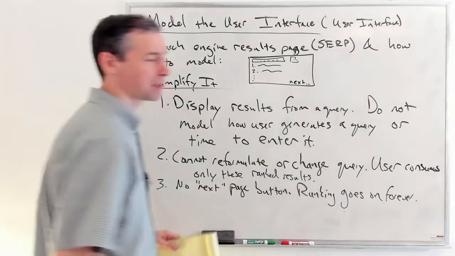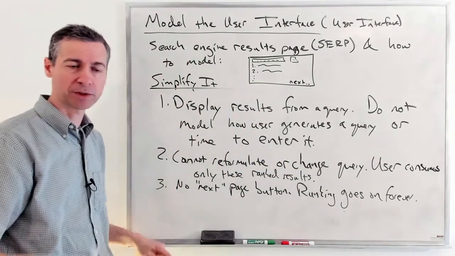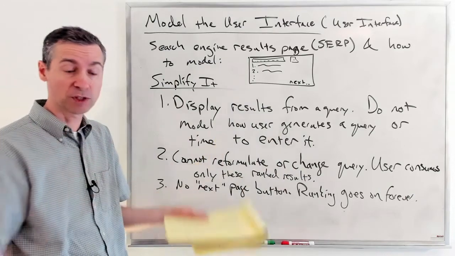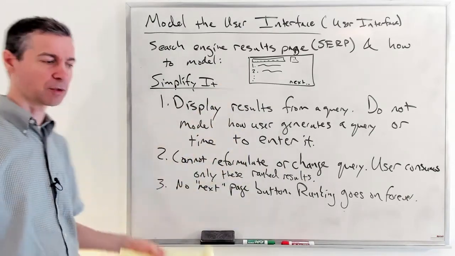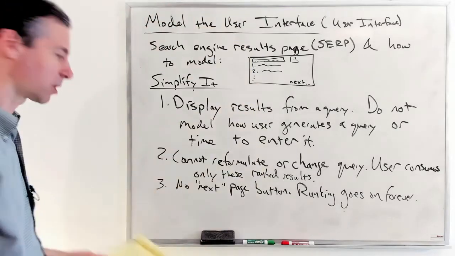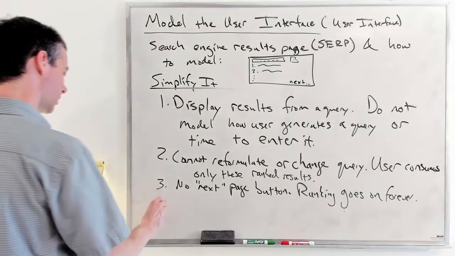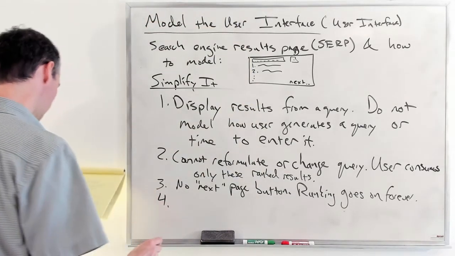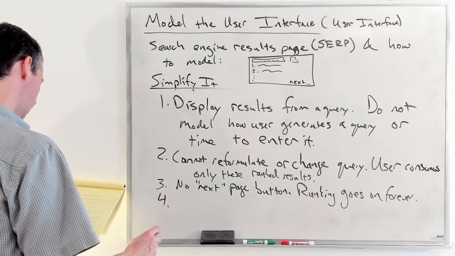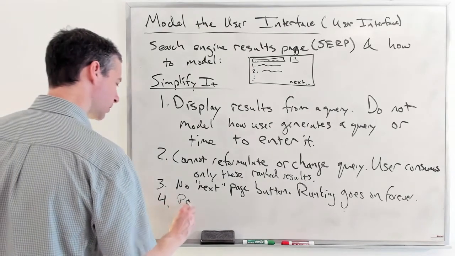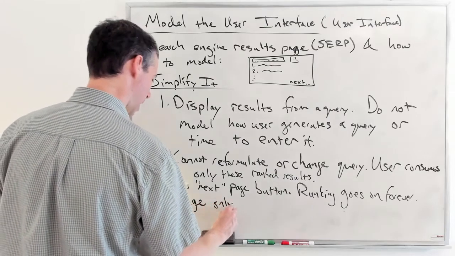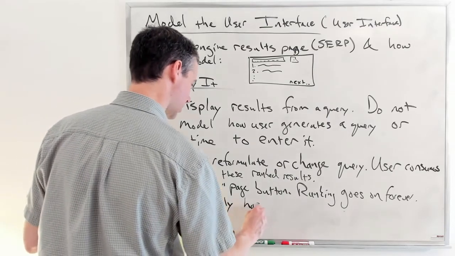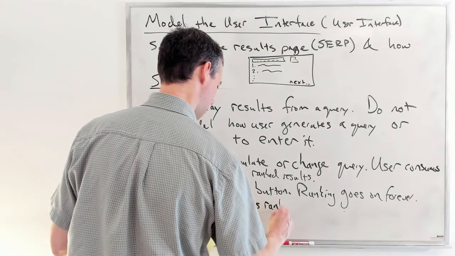Likewise, I'm not even going to bother to put it on here, but there's no notion of some things not being visible off the screen. It's just that someone has an ability to work down this ranked list and try to find relevant documents. The only thing on this page, this app, is the ranked list.